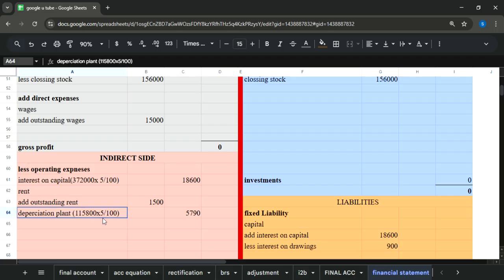First I am writing 9150, so it should be remembered. And this is the calculation of depreciation on furniture, and you will multiply it.